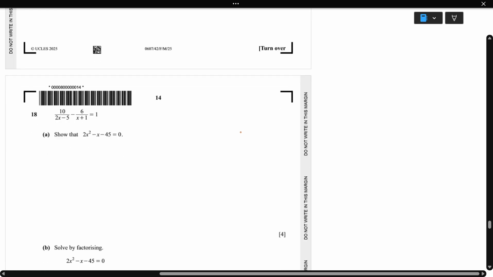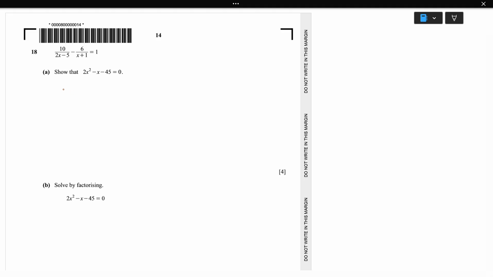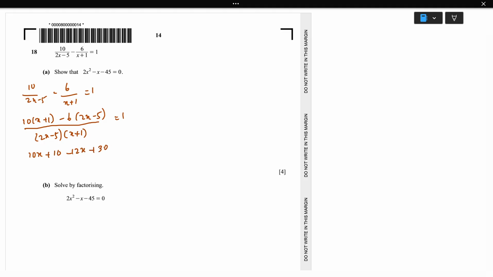Next, question 18. Show that the given equation 10/(2x minus 5) minus 6/(x plus 1) equals 1. Cross multiply: 10(x plus 1) minus 6(2x minus 5) over (2x minus 5)(x plus 1) equals 1. Expand the numerator: 10x plus 10 minus 12x plus 30.